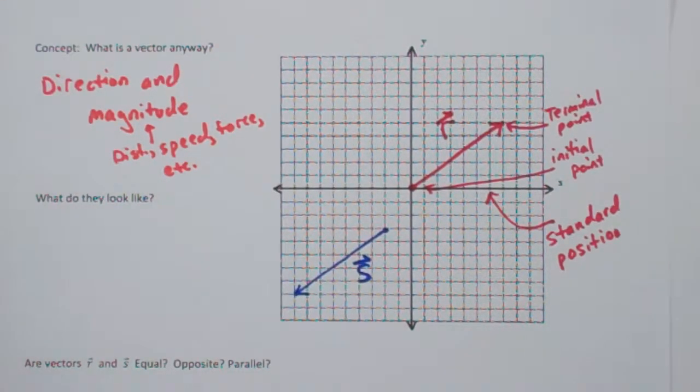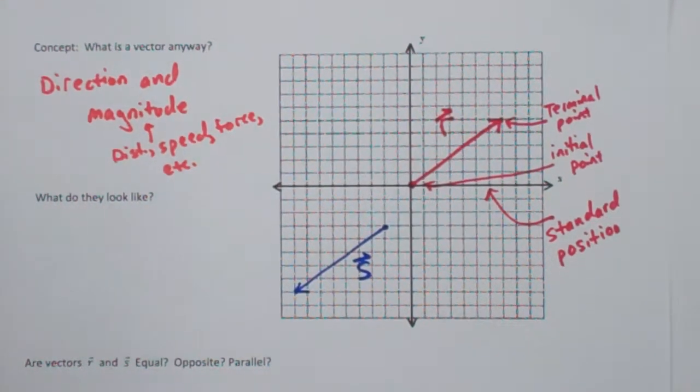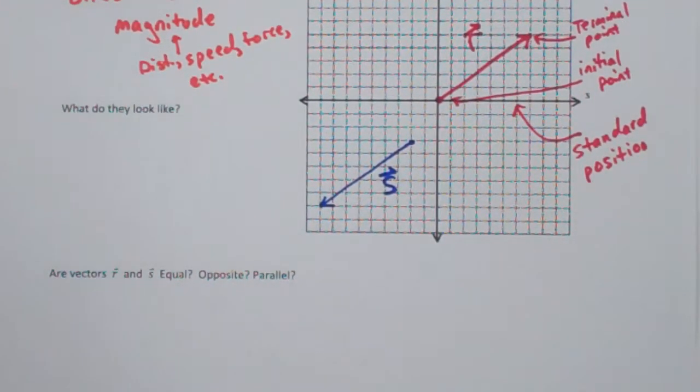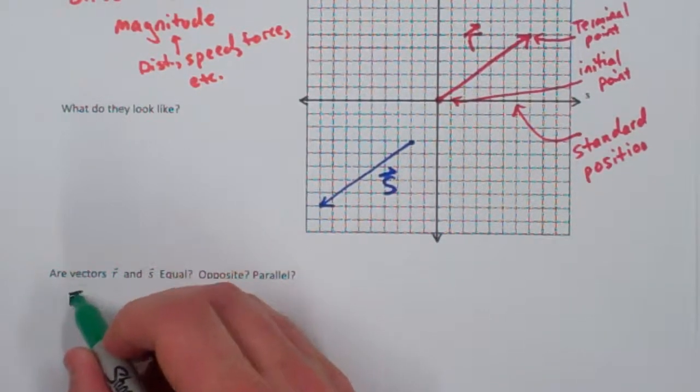Now what we're going to do is take a look at some of these things down here. So I'll go ahead and move this up just a bit. And we want to know if our vectors R and S are equal. Well, for two vectors to be equal, there's something very specific that we need to know. With equality of vectors, they need to be the same direction.